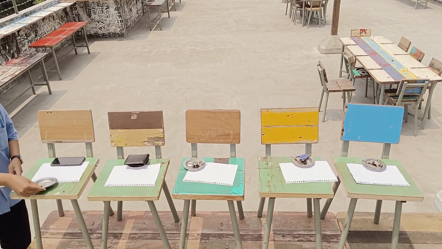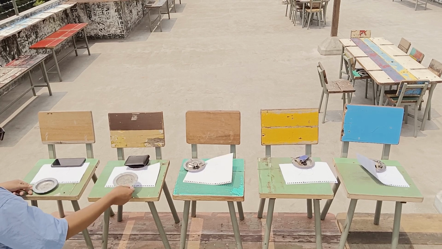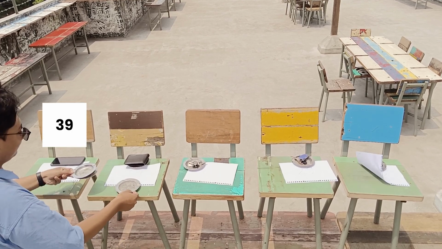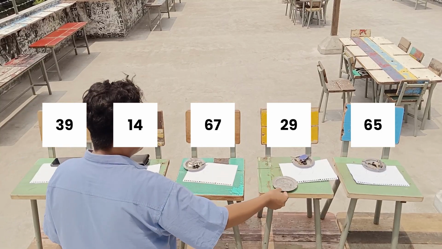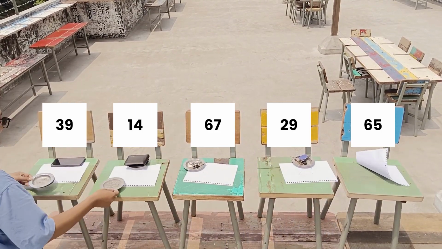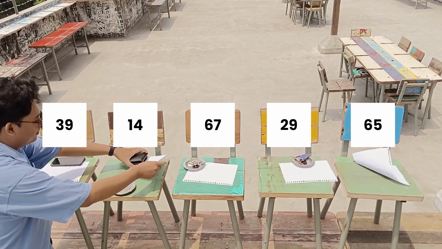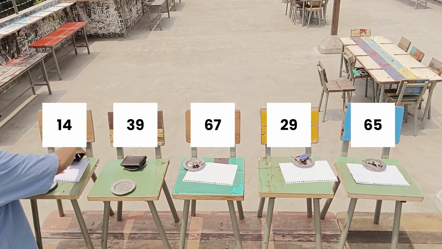Okay, now we're going to move to selection sort, where the numbers are 39, 14, 67, 29, 65. So we're going to check the 39 with the 14 first. If the 39 is higher than 14, then we will swap the 14 with the 39.